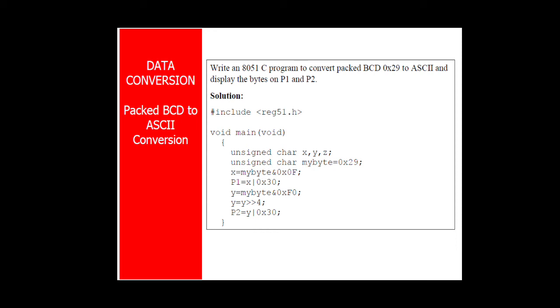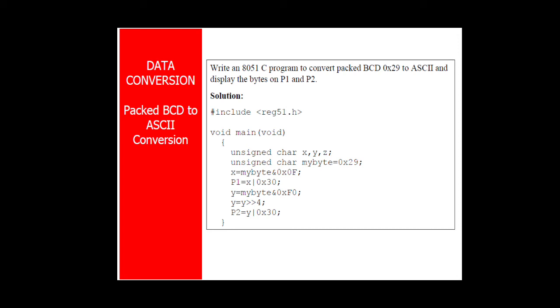You could go through this. After that when you execute the program, you can observe the result here. We know that the ASCII values will be like 31, 32, 33. For 3 it will be 33. We have to convert BCD to ASCII, means we have to first get the value. We have to mask the upper nibble. For masking the upper nibble, we are using this statement x equal to mybyte AND 0FH.